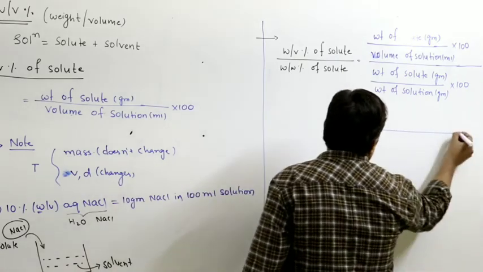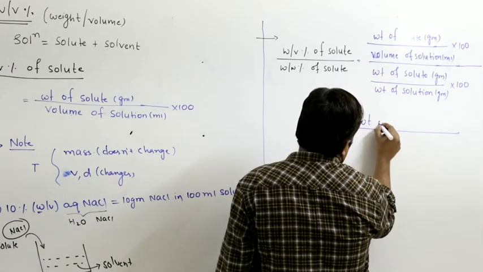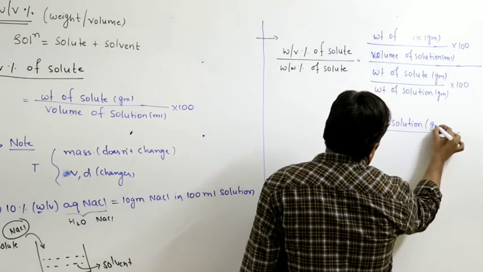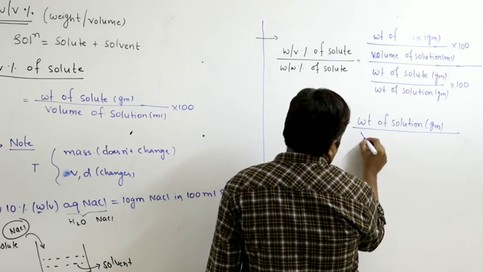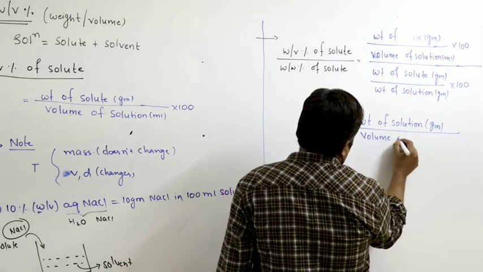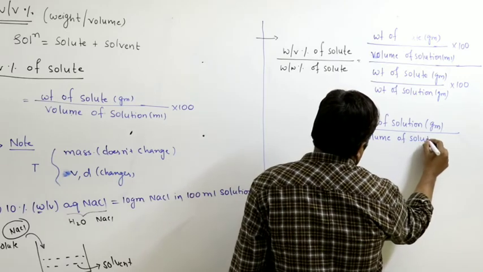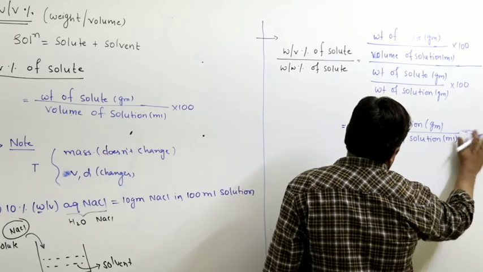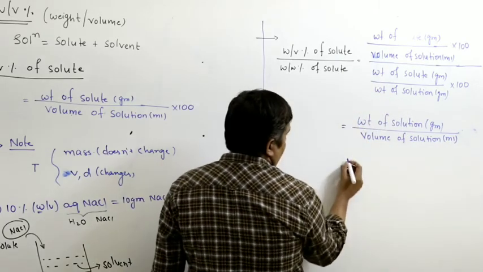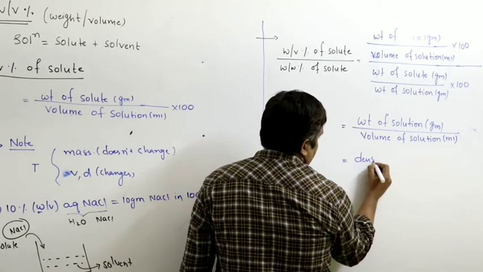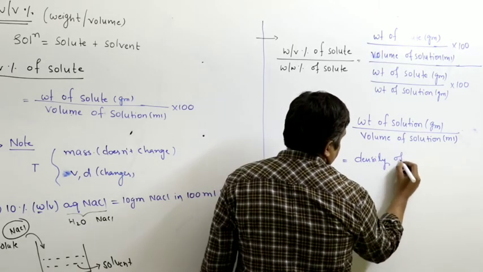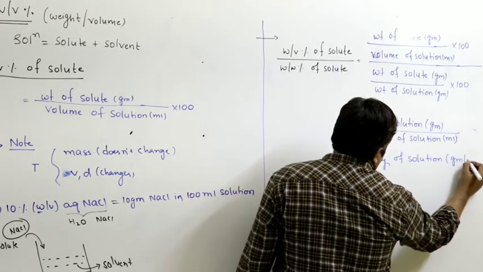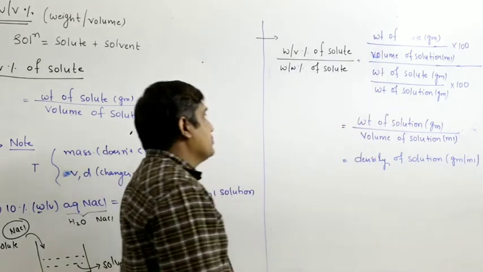So what I will get is weight of solution in grams by volume of solution in ml. What is weight by volume? This is nothing but the density of solution in grams per ml.